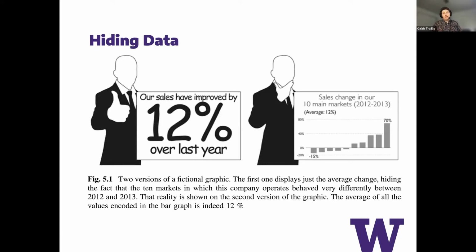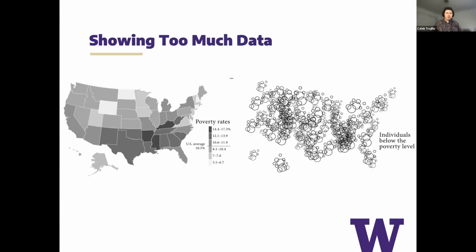So the flip side of hiding data is oftentimes showing too much data. So here's another example that Cairo talks about. Oftentimes you might see these maps of the US and they're colored in by different states. And you notice the one on the left has poverty rates and there's some nice gradations, right? It uses a grayscale from light to dark to show where poverty rates are.